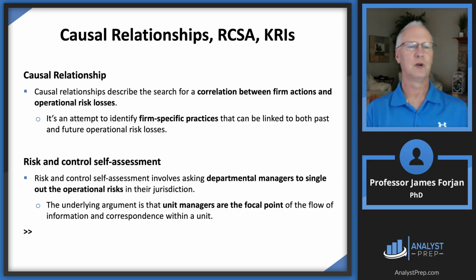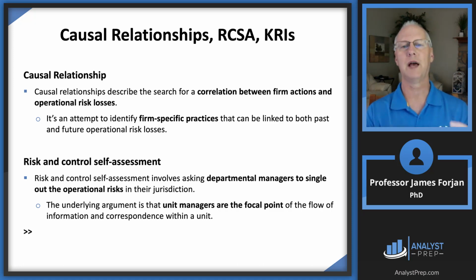So causal relationships describe this search for a correlation between firm actions and operational risks. But we've got to be careful and make certain that even if we find correlation, there is also causation. I mean, clearly, if we have somebody out there in our financial institution who is embezzling capital, and that's contributing to our losses because we can't find the source, well, then there's a relationship there.